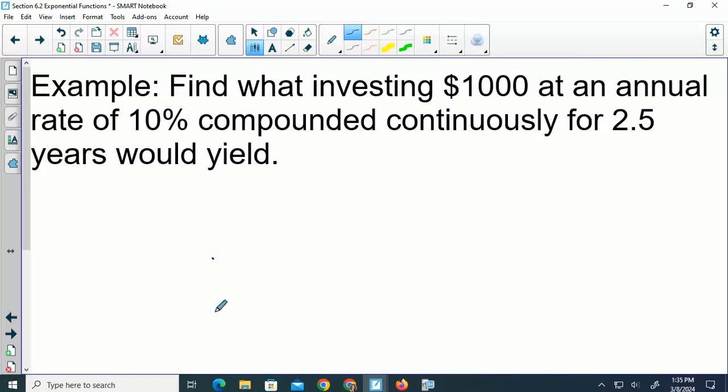We're going to go to this one. Find what investing $1,000, at an annual rate of 10% compounded continuously for 2.5 years would yield. As soon as I see the word continuous, I know I'm doing A equals P e to the RT power.